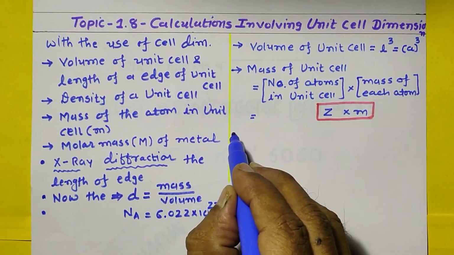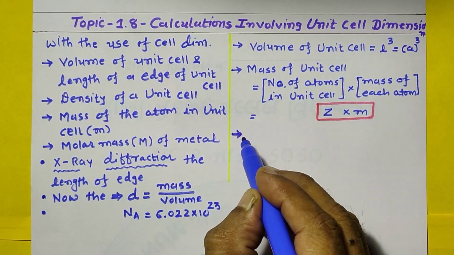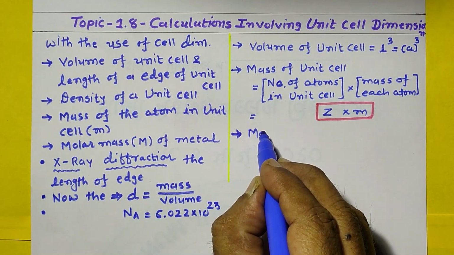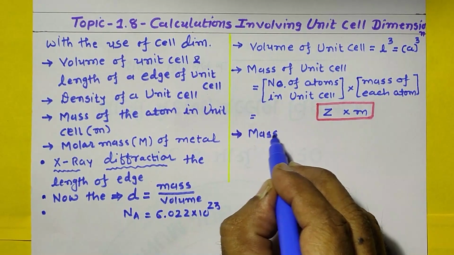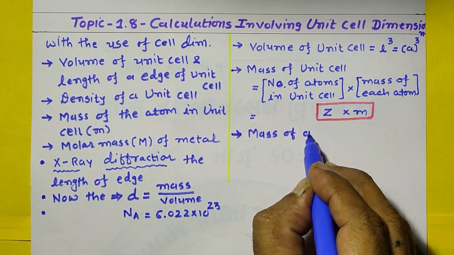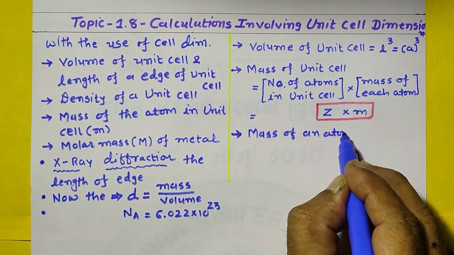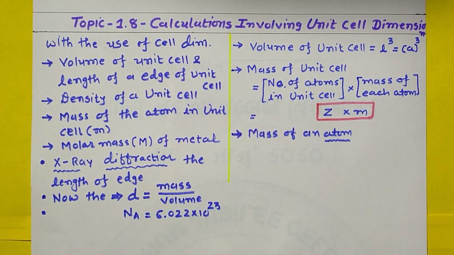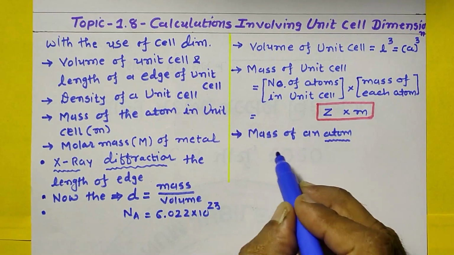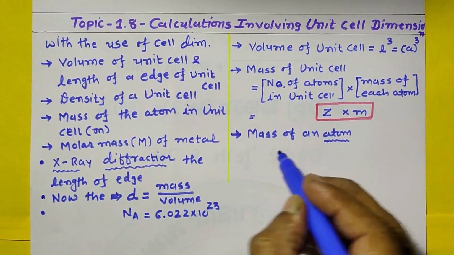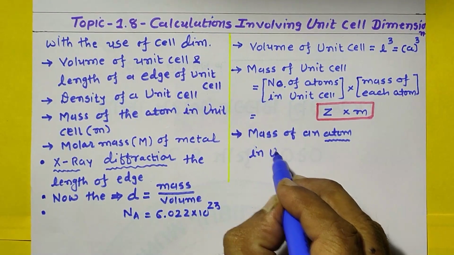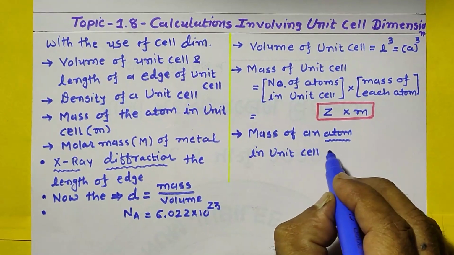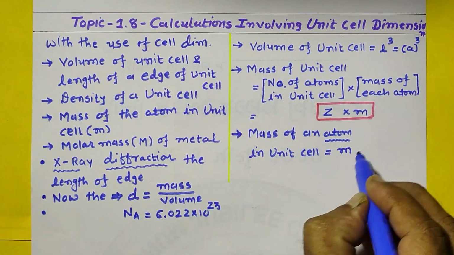Okay. Now our third point for calculations is the mass of an atom. I am talking about only one atom. It is not for one mole of atoms, it is for just one atom. Mass of an atom in unit cell is titled small m.